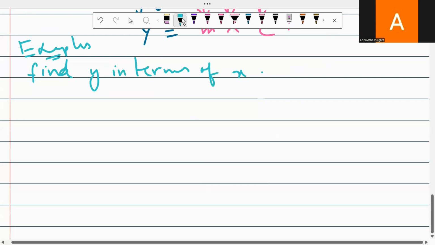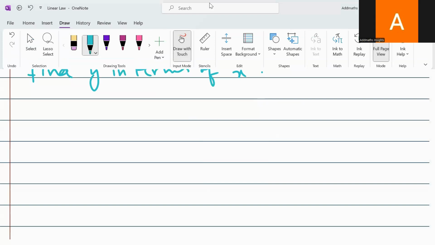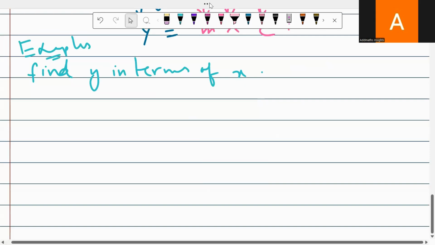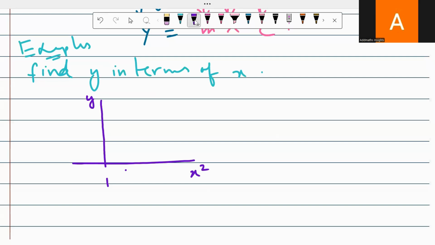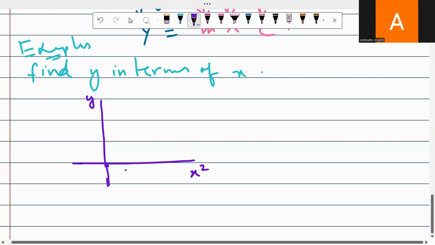And you are given a linear graph here. This is x squared and y, and this point is 4.